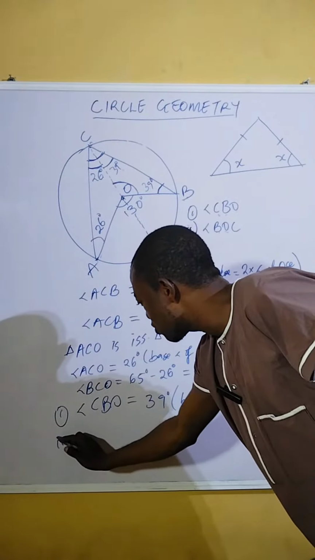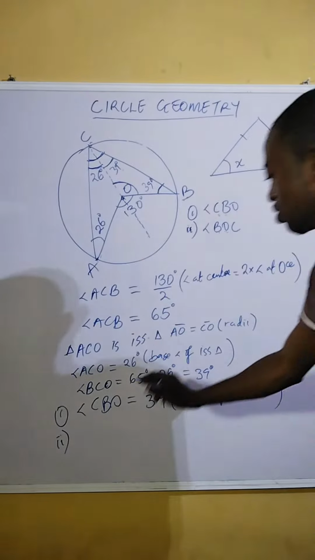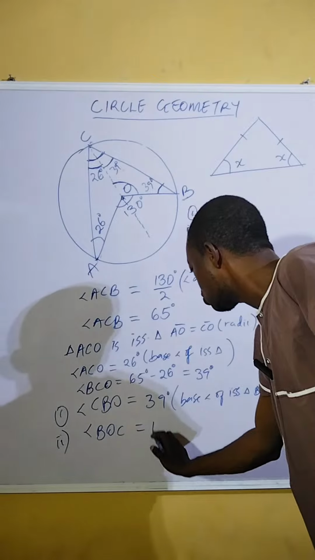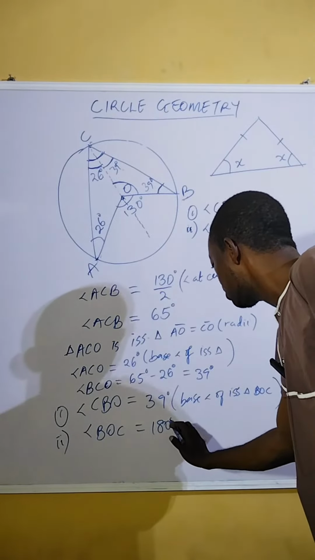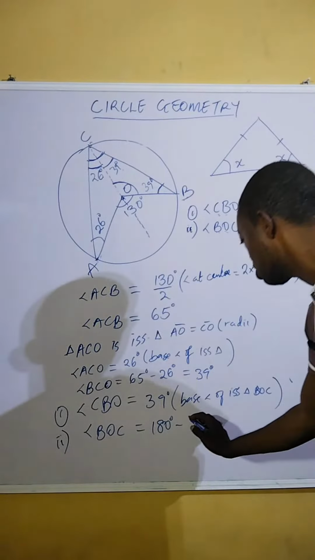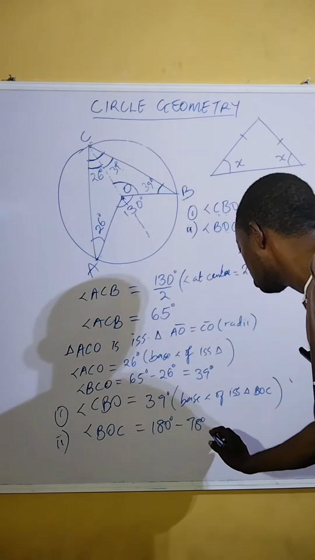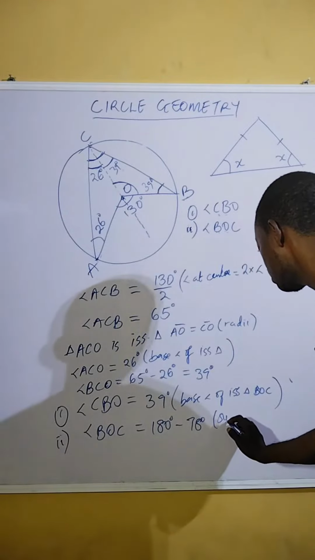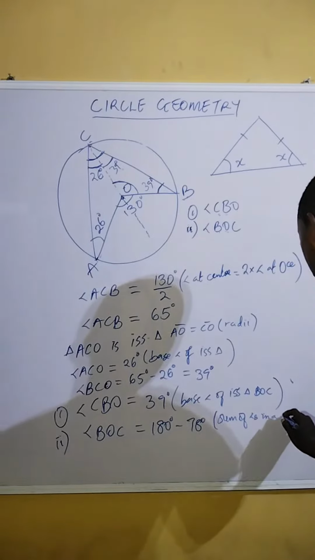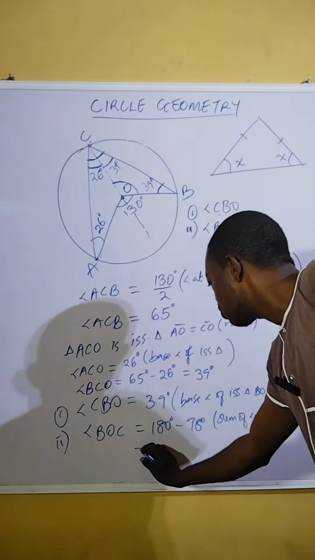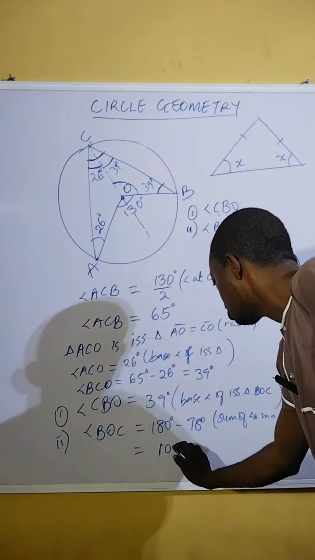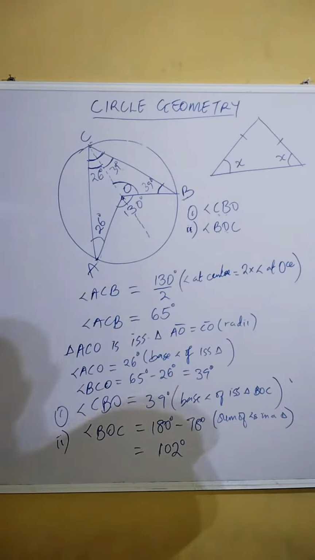So the second question, angle BOC, is equal to 180 degrees minus 39 plus 39. That gives us 78 degrees. That's the sum of angles in the triangle. Then we have 180 degrees minus 78 degrees, that's 102 degrees. So we have already answered this question.